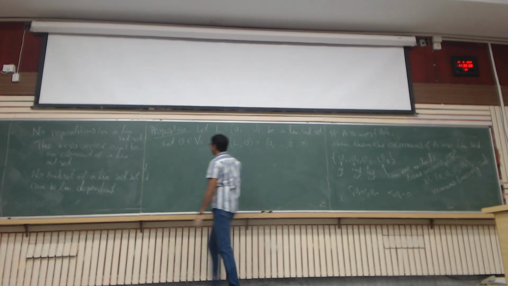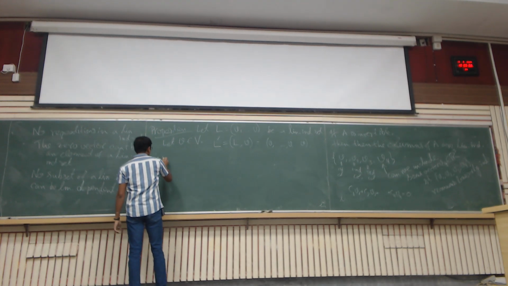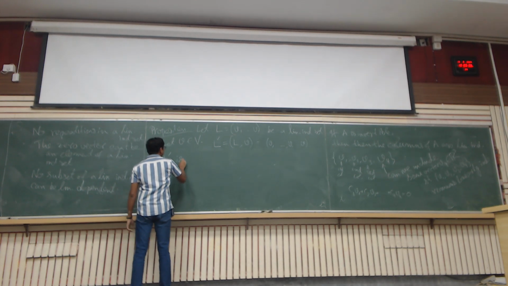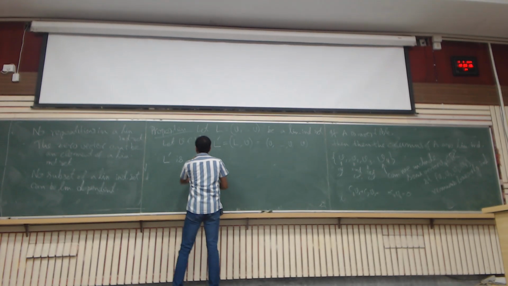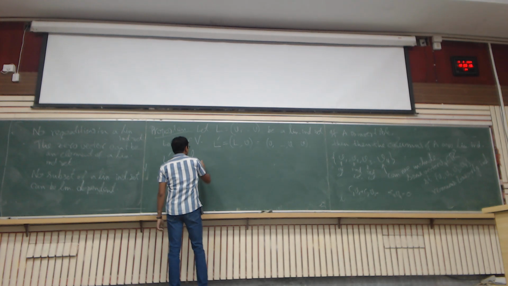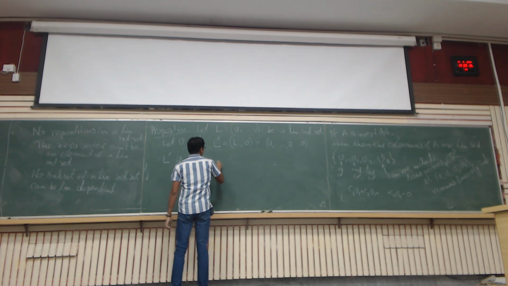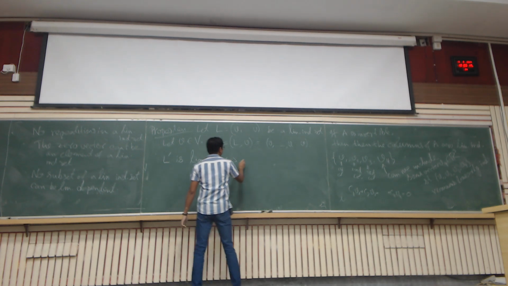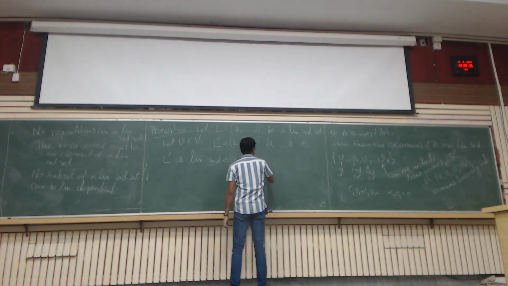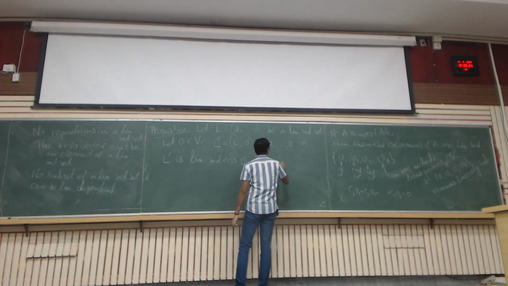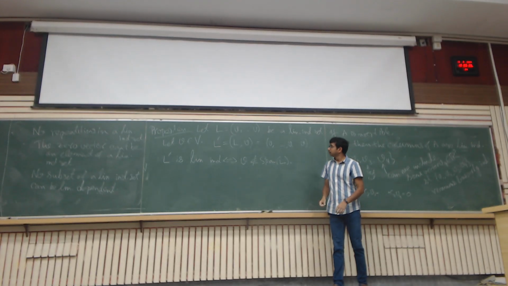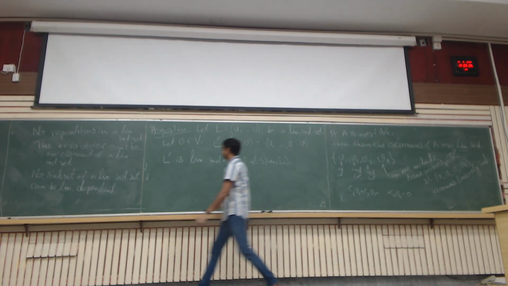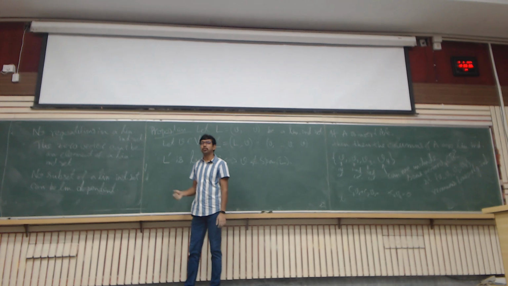Then the proposition is: L prime is still linearly independent, given that L is linearly independent, if and only if V is not in the span of L. The proof of this we could do in the next class.